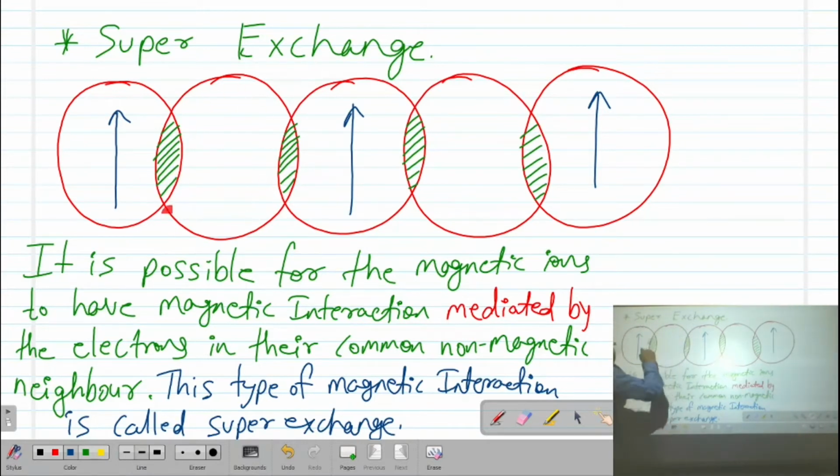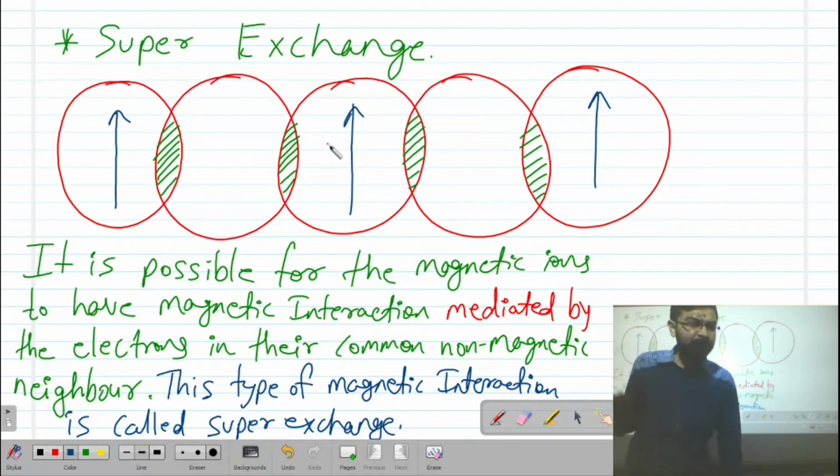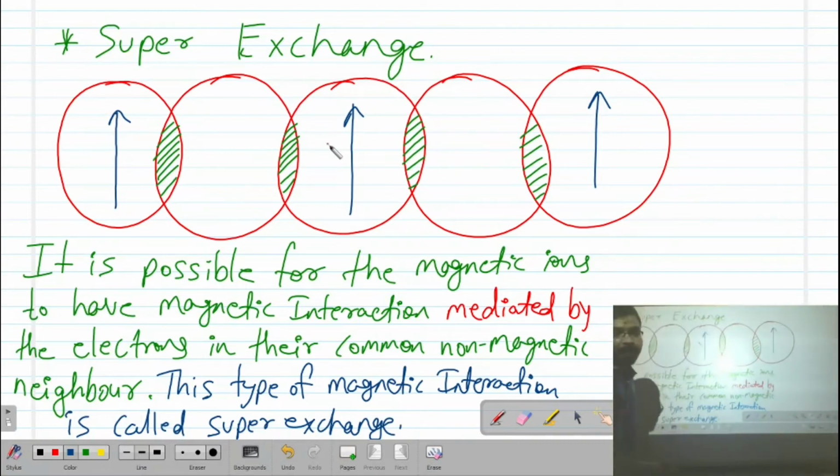This ion or this atom is working as a mediator between these two magnetic dipole moments. So this kind of magnetic interaction between the magnetic ions is known as super exchange. Okay.